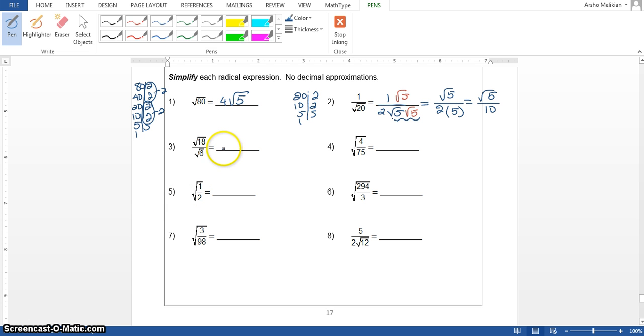In here, when I simplify the 18, I divide by 3, I get 6. I divide by 3 again, I get 2. By 2, I get 1. So it's 3 root 2 on top. But what about the root 6? Does that simplify? No. Now, I'm going to have to multiply top and bottom by root 6.